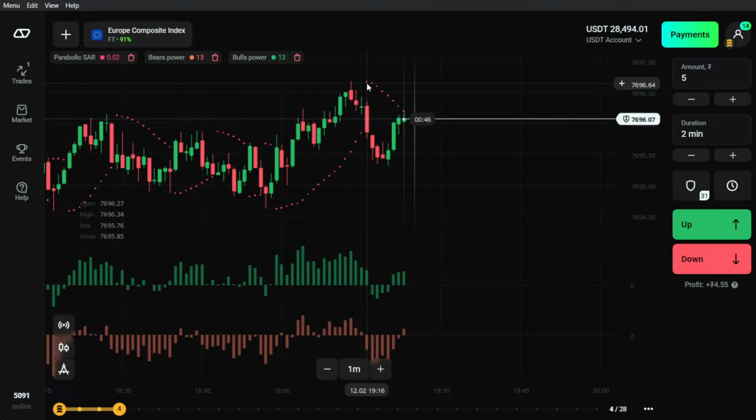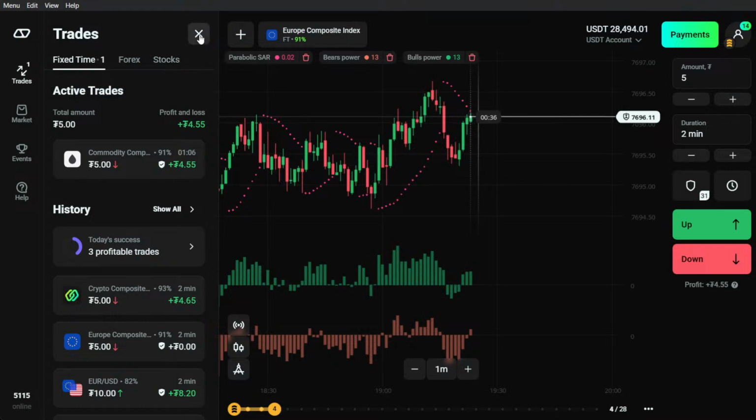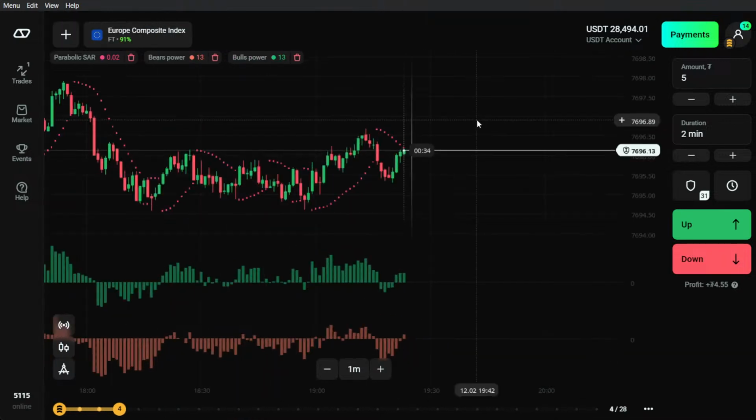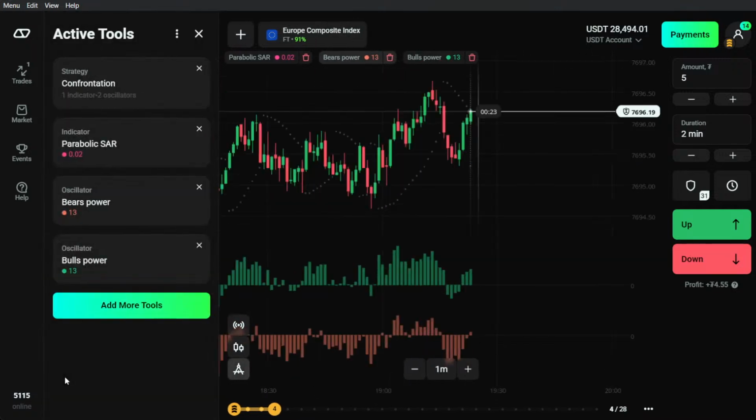Color of the candle, parabolic, and these two, whether they are above the zero line or below the zero line. If they are above, a 2 to 3 minutes up trade. If they are below, a 2 to 3 minutes down trade. That is how it works. It is a very quick and short summary, but you can certainly practice it, and if you are at a starter level, you can apply it.